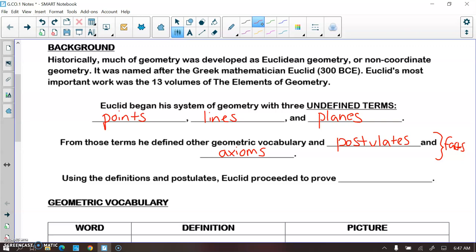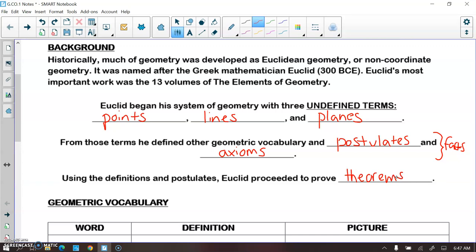And after Euclid developed postulates and axioms, he then used definitions and postulates to prove mathematical theorems, which some of you guys may remember. The most famous theorem that we have talked about already in algebra is the Pythagorean theorem.